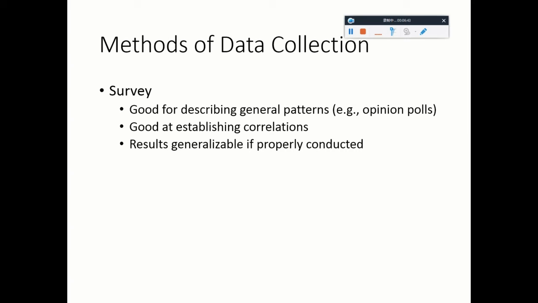So surveys, there are some very good features about surveys, why surveys are useful, in other words. The first advantage or usefulness of conducting survey research is that surveys are very good at describing patterns.